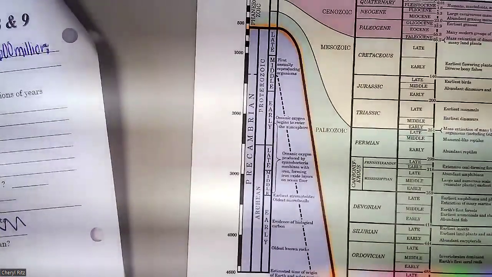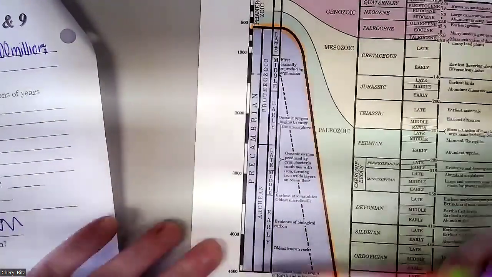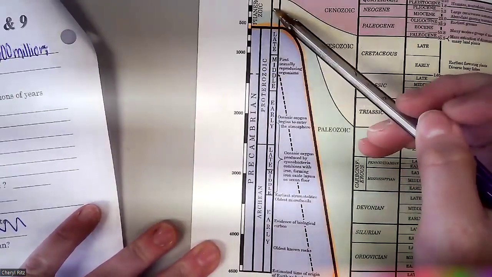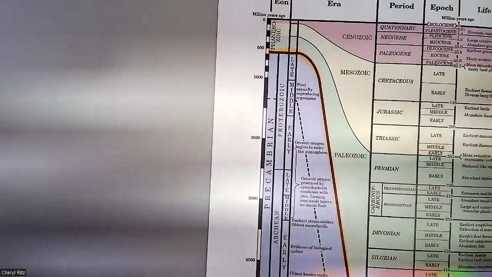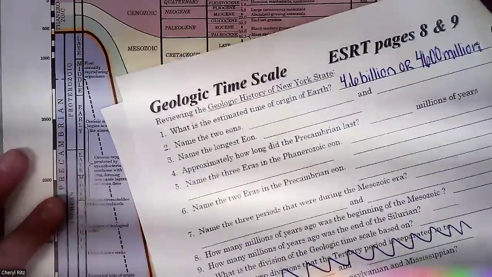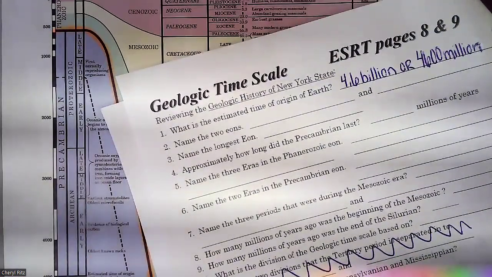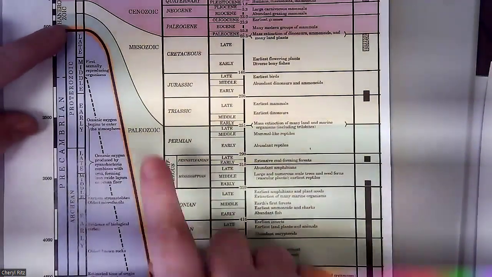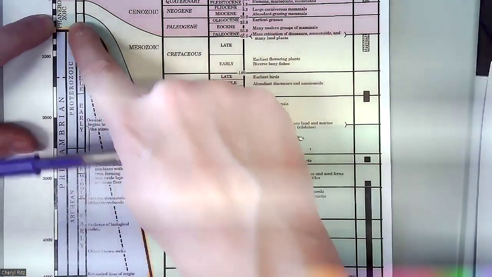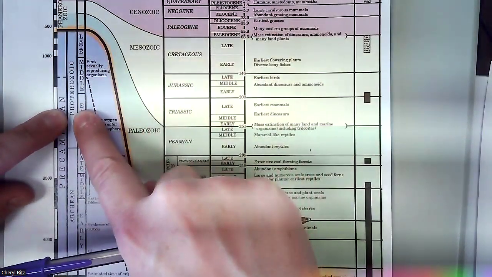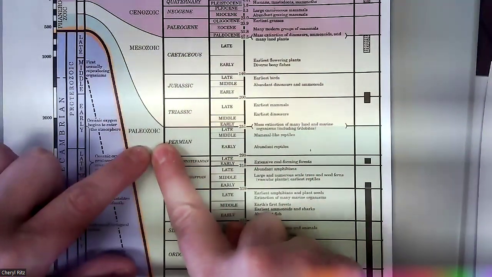Name the 2 eons. Sam knows. Give it to me. Yep, here's 1 eon. Yeah, this one right here. Now, you guys know me, I'm not a good speller. I don't mark off for spelling, or in this case, pronunciation, but I have a word of warning. See how many words are practically the same? We have this one that's Phanerozoic, this one that's Proterozoic, and this one that's Paleozoic.